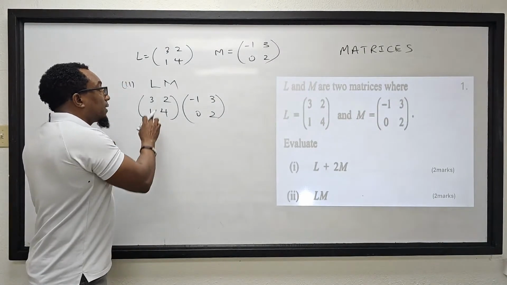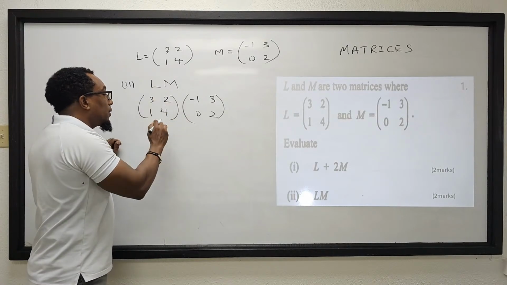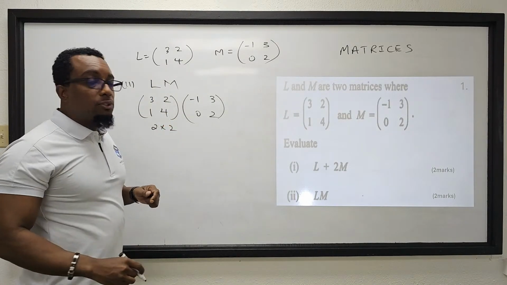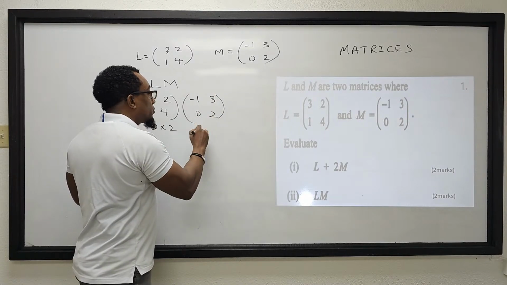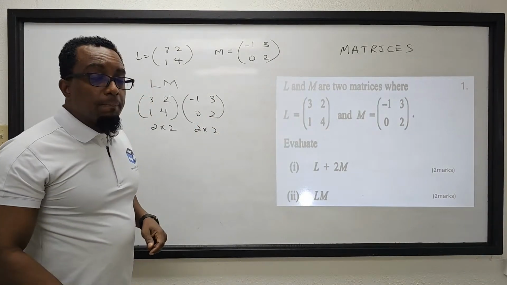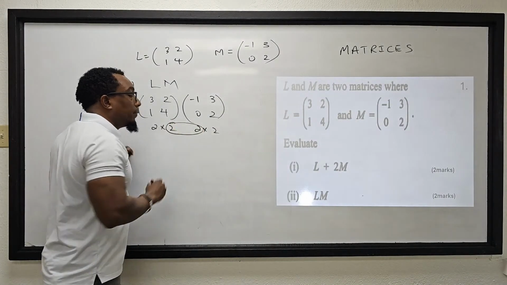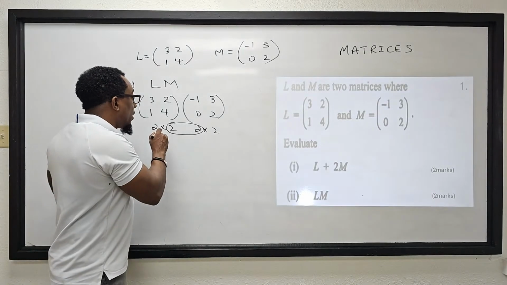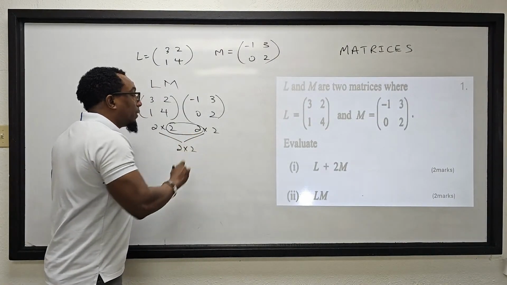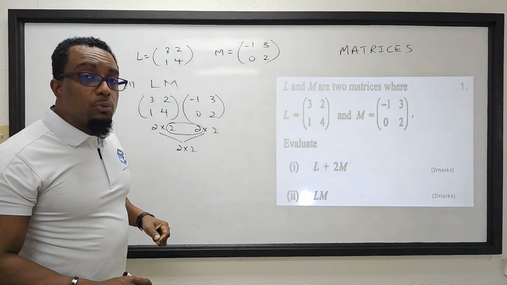What's the order of my matrix L? 2 rows, 2 columns, a 2 by 2 matrix. Matrix M is also a 2 by 2 matrix. They are compatible when the 2 inner numbers are the same. Once they are the same, we can multiply them, and the 2 outer numbers tell us the order of the end result. When you multiply those 2 matrices, you must get a 2 by 2 matrix.